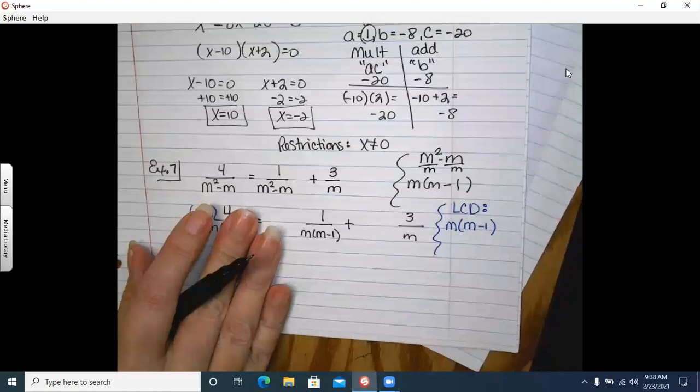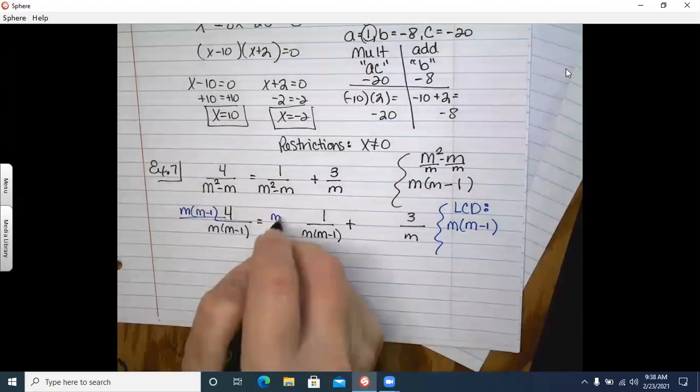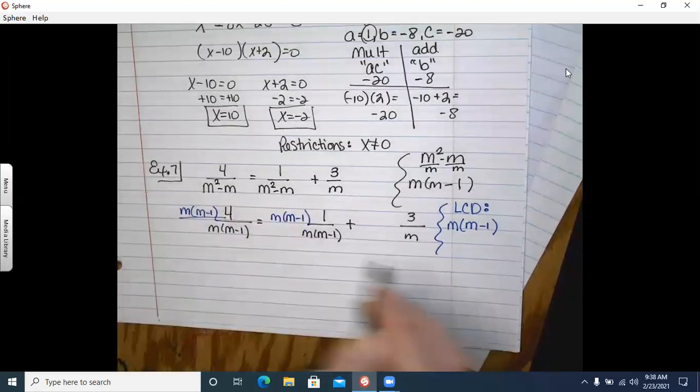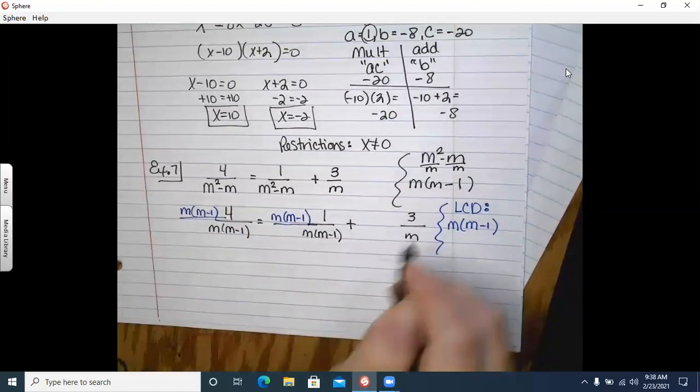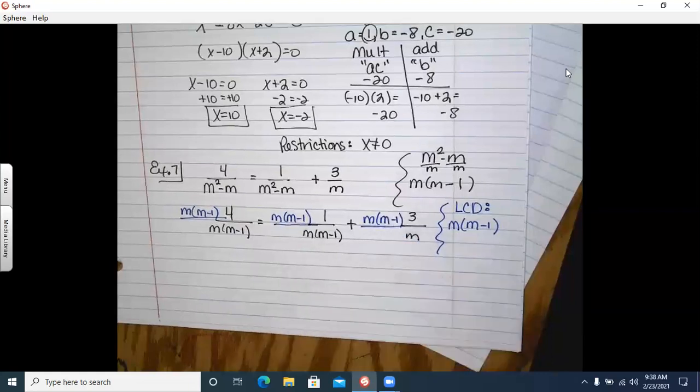So I'm going to multiply each fraction by m times m minus 1. Right? You see how it can't just be m minus 1? m minus 1 and m do not cancel each other out.